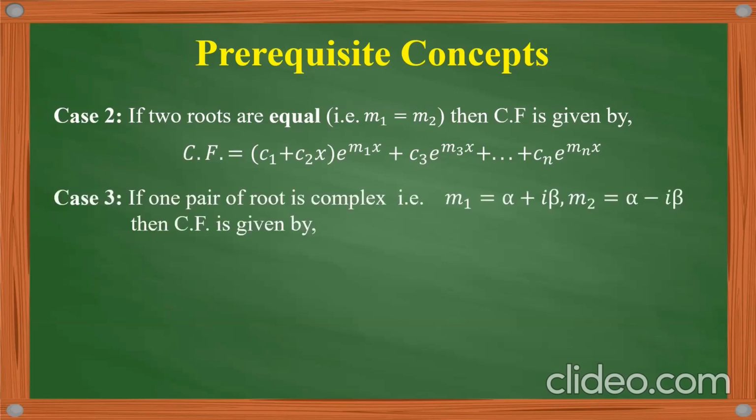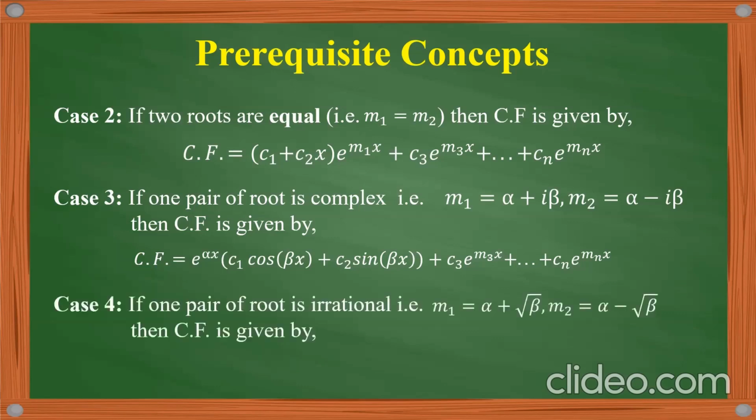Our third case is if one pair of roots is complex, that is, if our roots are alpha plus or minus iota beta, then the complementary function in such a case will be given by e^(alpha x) into (c1 cos beta x plus c2 sin beta x), and the remaining part will be the same.